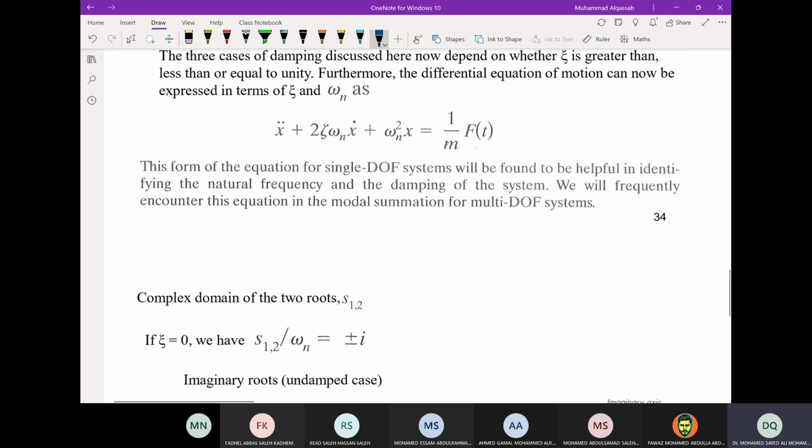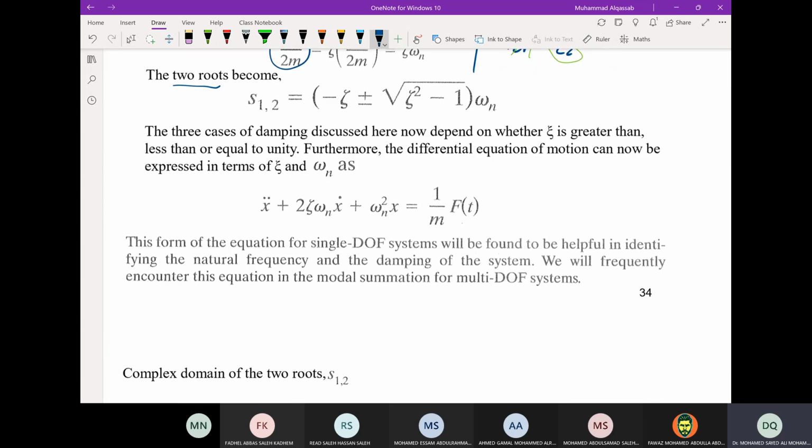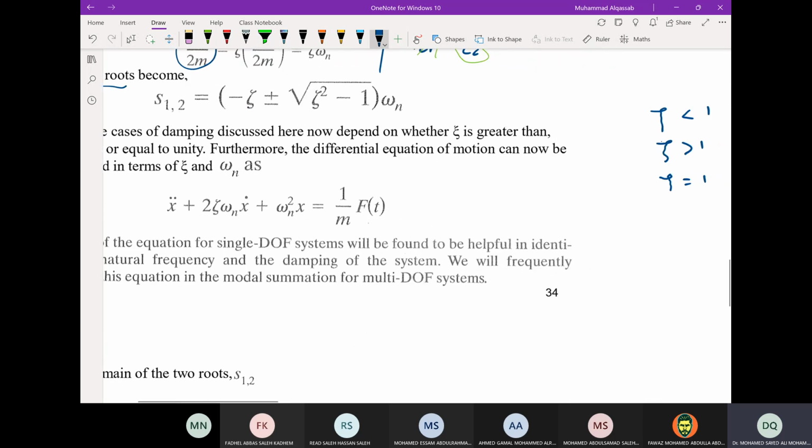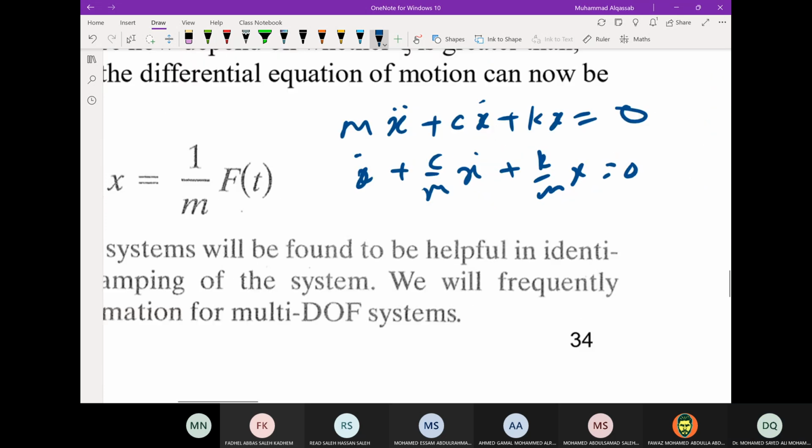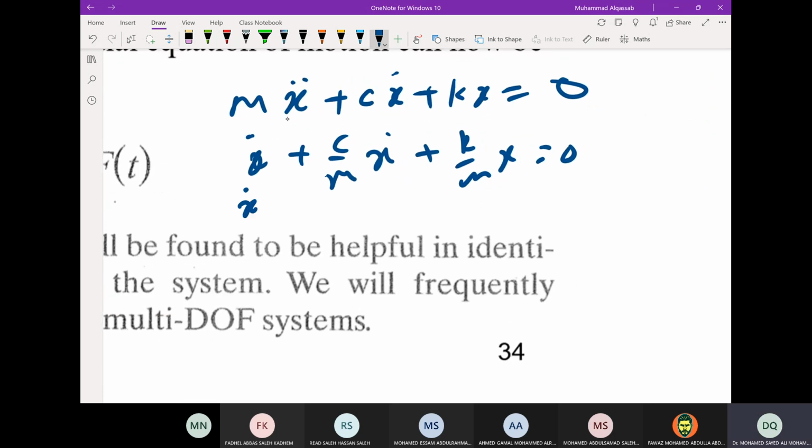And also the differential equation can be written in terms of these two parameters. We have m x double dot plus c x dot plus kx equal to f of t, or equal to 0 for free vibration. If we divide by m, we get x double dot plus c over m x dot plus k over m x equal to 0.